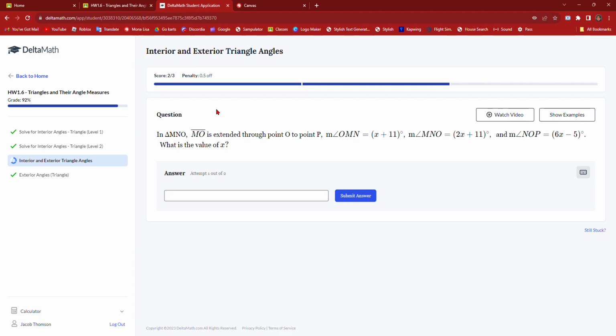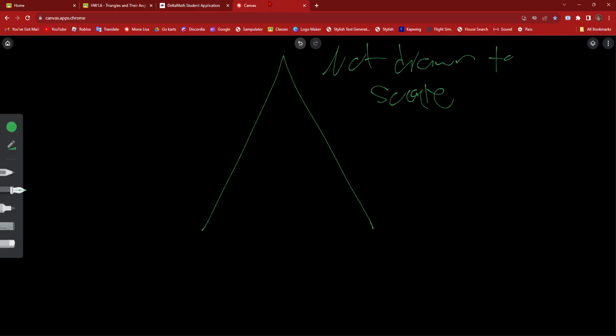So basically, here's the first thing I get started off with. You're basically just going to do the opposite of this. The middle angle is always going to be on top, so therefore N is always going to be here.